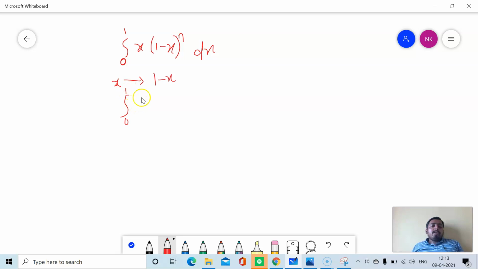from 0 to 1. We replace x with 1 minus x. Okay, and here also 1 stays as it is. 1 minus x is replaced by 1 minus x to the power n dx. Okay, so this is the method.